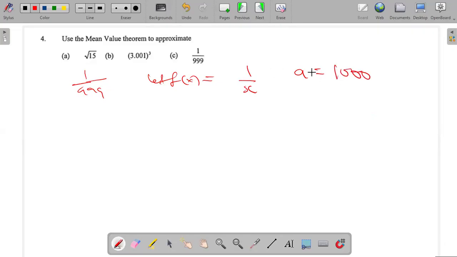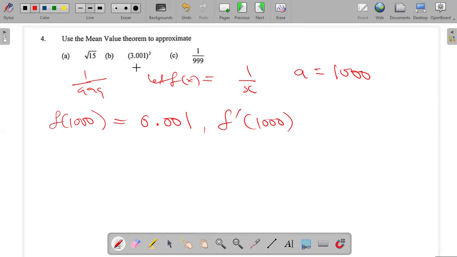So when you do f of 1000, that is 1 over 1000, and 1 divided by 1000 gives me 0.001. Then I have f prime of 1000 is what I want to get next.